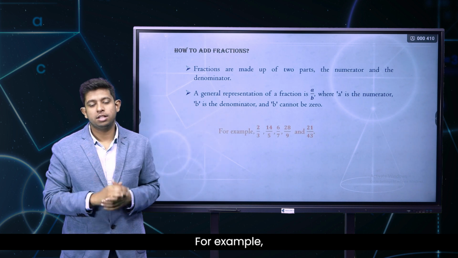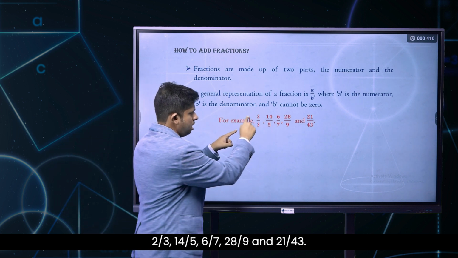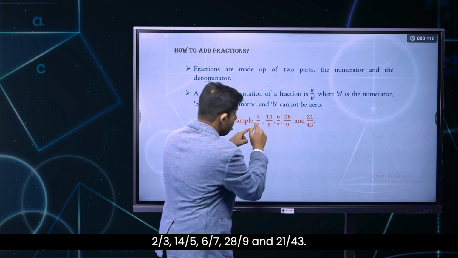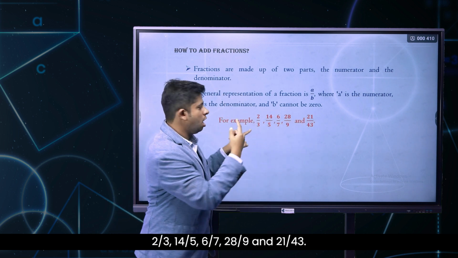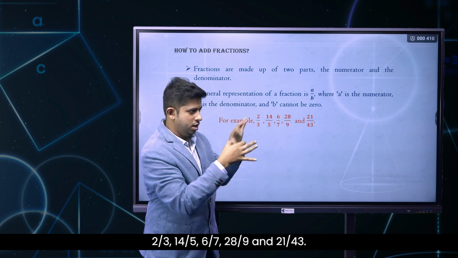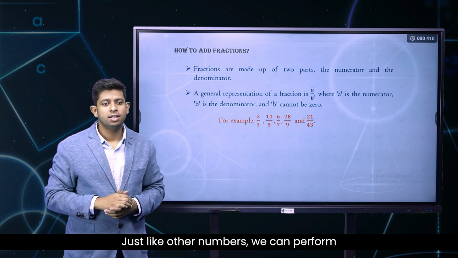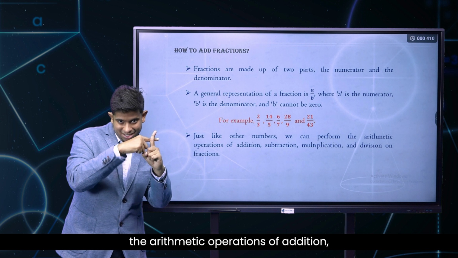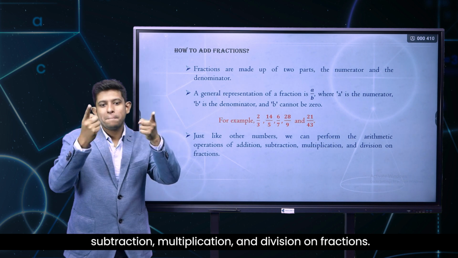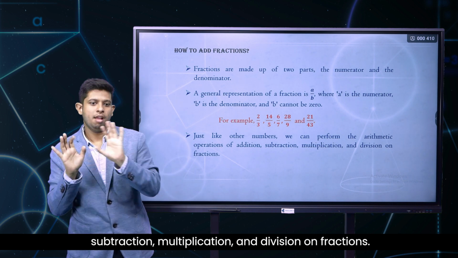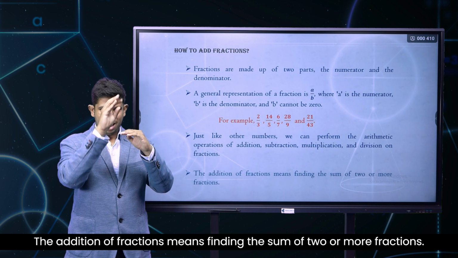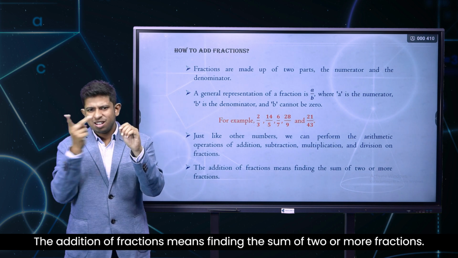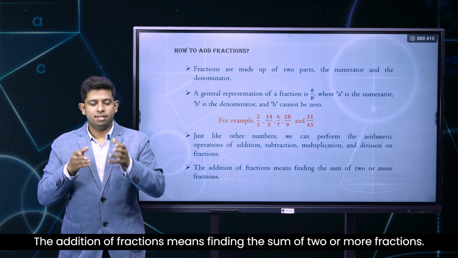For example, 2 by 3, 14 by 5, 6 by 7, 28 by 9, and 21 by 43. Just like other numbers, we can perform the arithmetic operations of addition, subtraction, multiplication and division on fractions. The addition of fractions means finding the sum of two or more fractions.